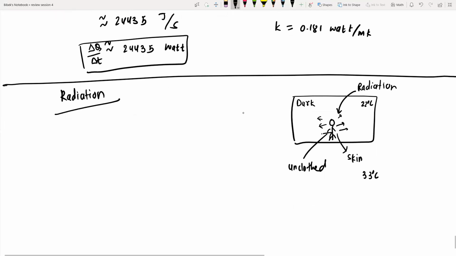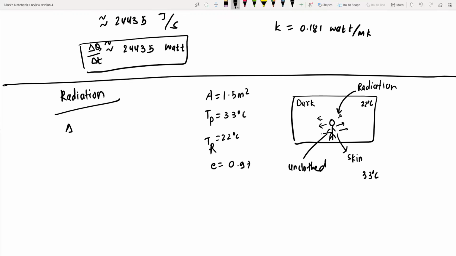At first, let's suppose the area of the person was given to be 1.5 meters squared, the temperature of the person was 30 degrees centigrade, and the temperature of the room was given to be 22 degrees centigrade. The emissivity of the person's skin was given to be 0.97, let's suppose.